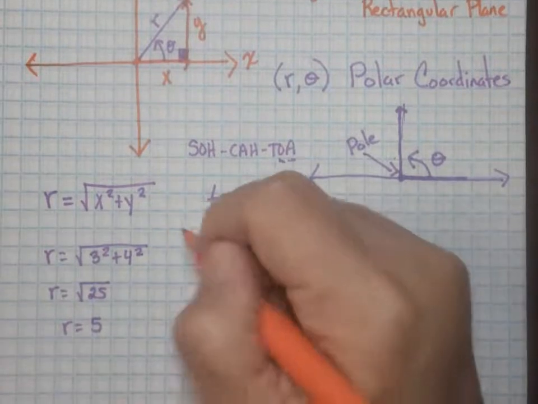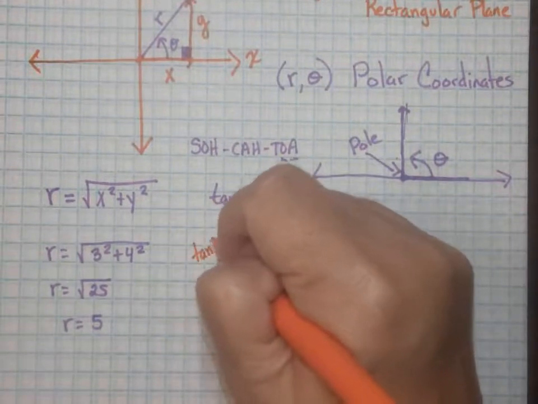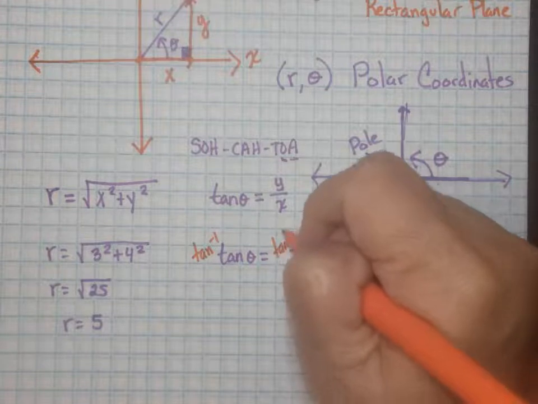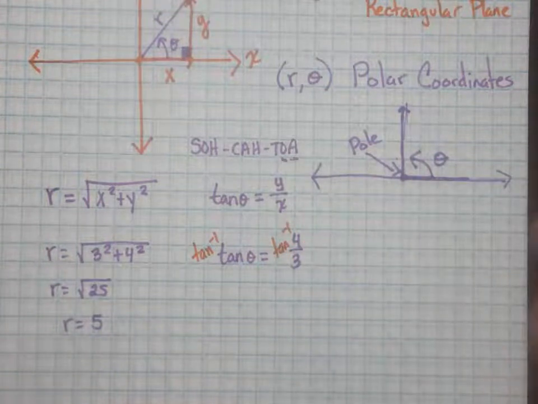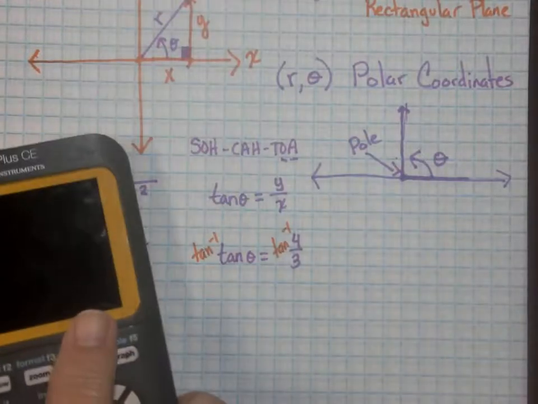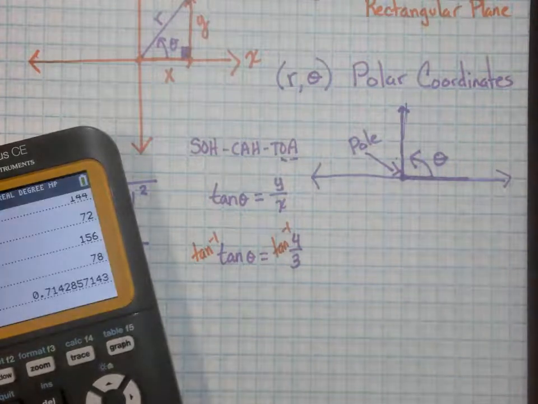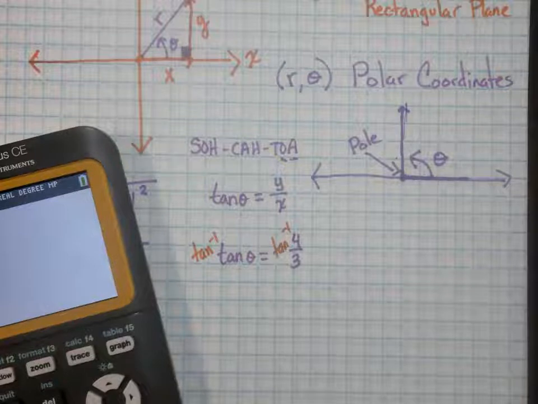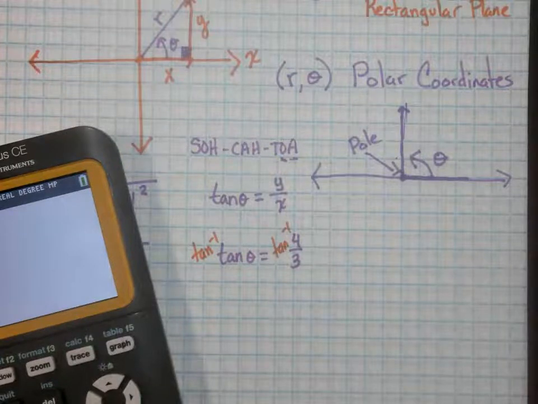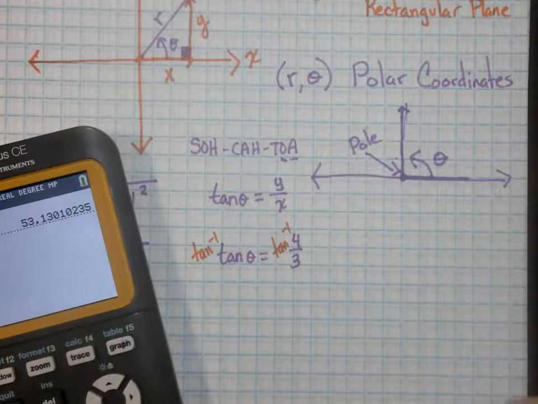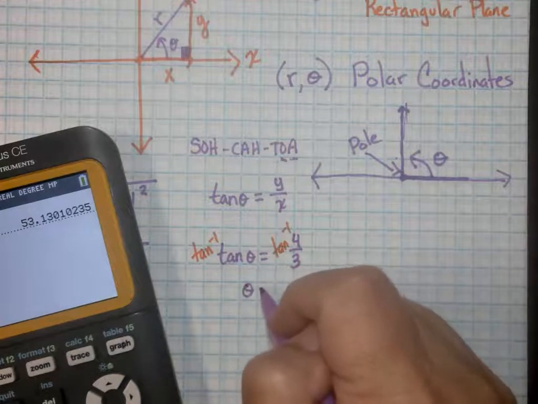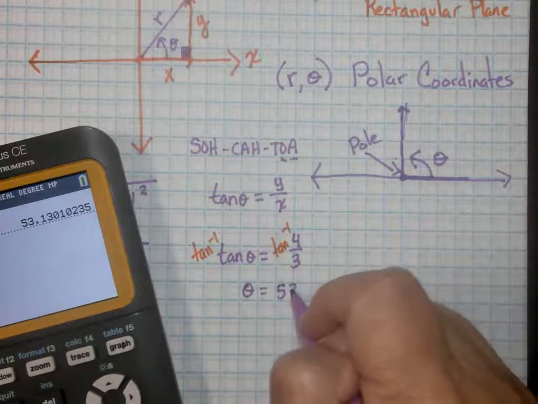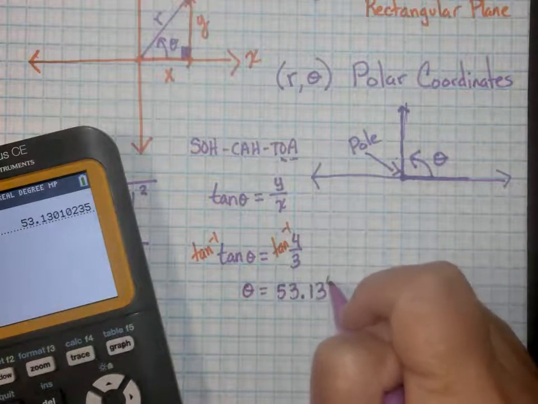We would then take the inverse tangent of both sides. For that, we would use a calculator. And we would say inverse tangent of 4 divided by 3. And so theta would be equal to 53.13 degrees.